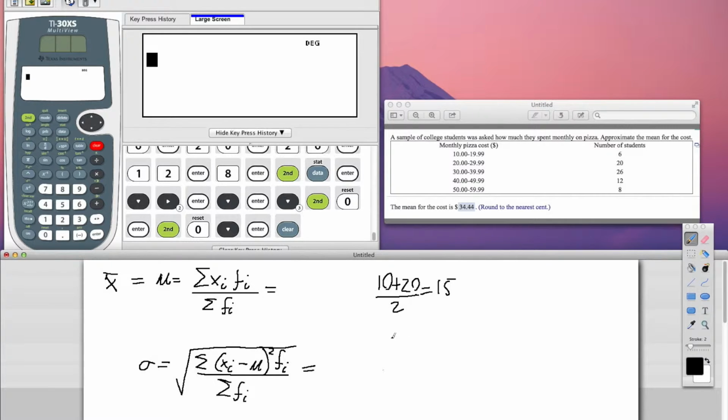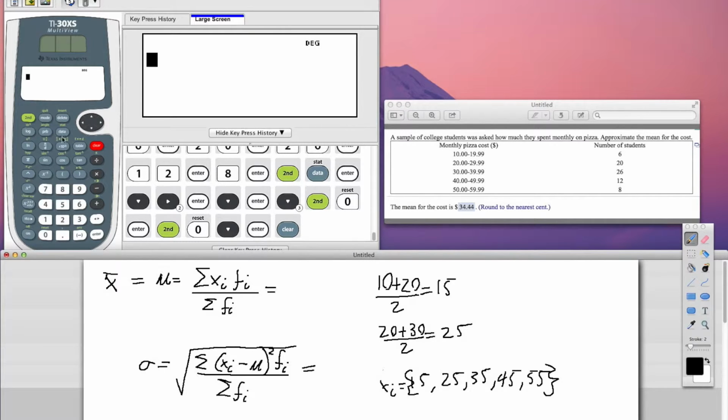So for the second class, we find the lower limit of the second class plus the lower limit of the third class, divide by 2, which is 25. And we continue this process in order to find all the midpoints. So this is our xi elements.